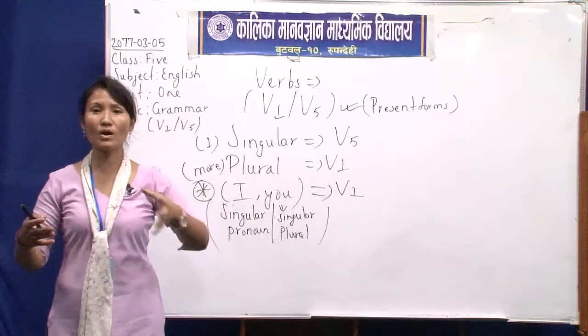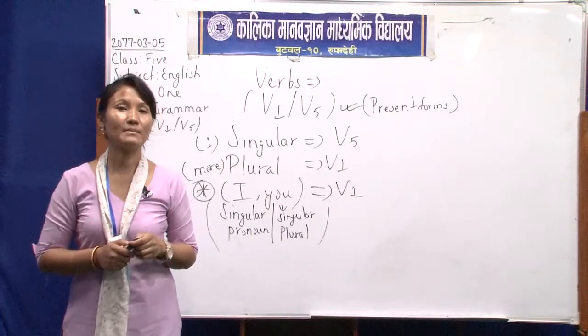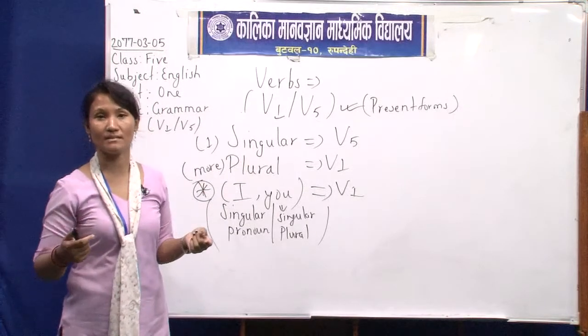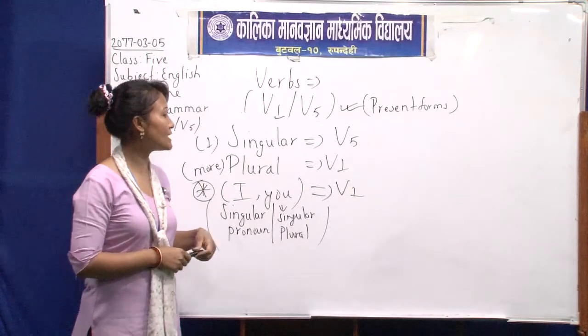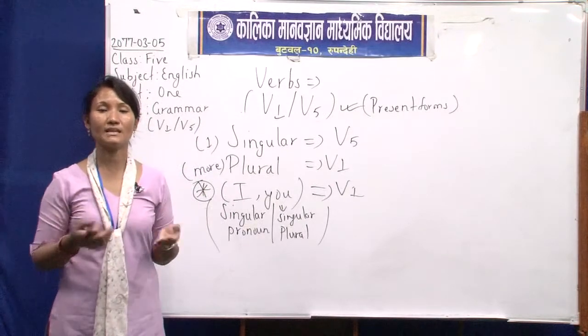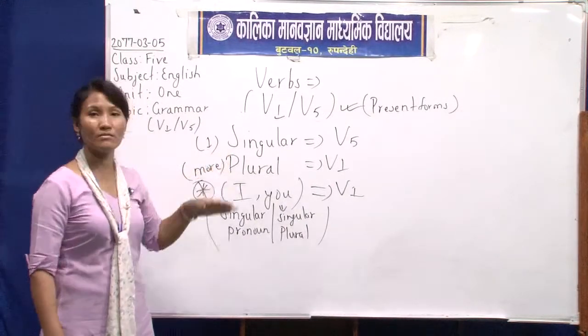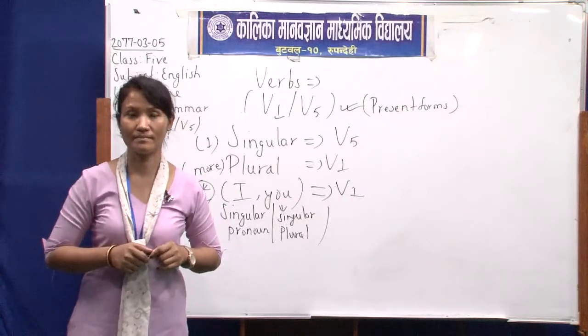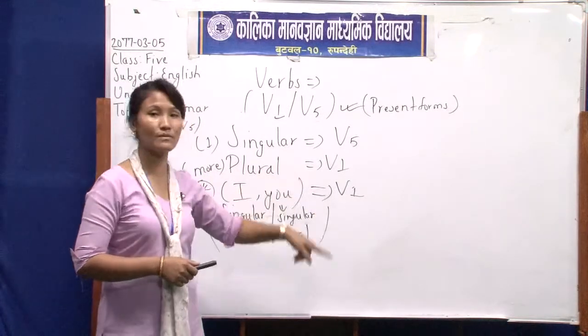So I took one small topic from grammar from lesson 1 and taught you in much detail. I guess you can use it in your communication as well: singular always takes verb 5 and plural always takes verb 1. Okay, plural always takes verb 1.